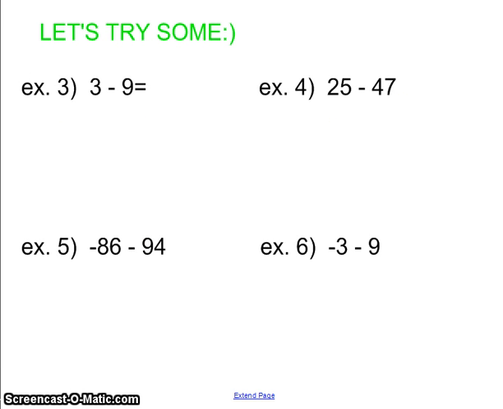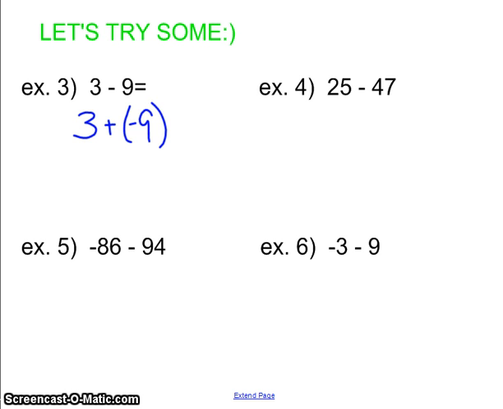So in the first example here, 3 minus 9. Again, we're not using calculators here because we don't need them. Instead of subtracting, I'm going to change it. Keep that first value the same, but now instead of minus 9, I'm going to think of it as a plus -9.